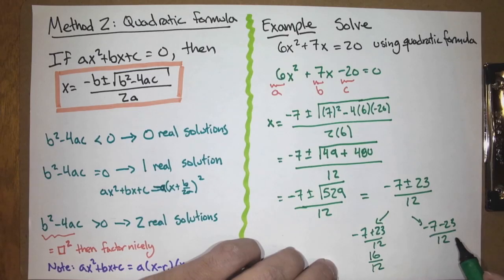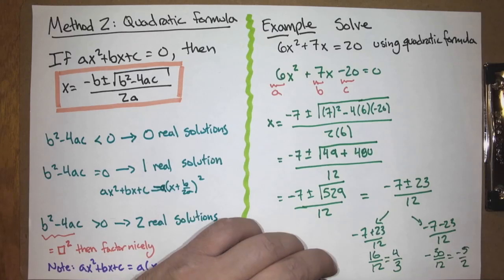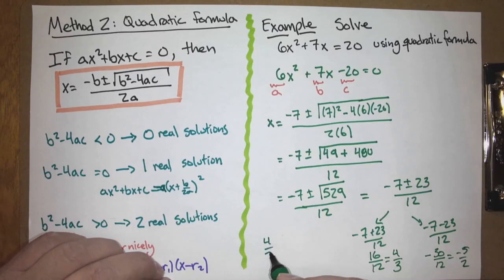Negative 7 minus 23, so it's just a negative. Think about 7 plus 23. 30. 16 over 12, they both have factors of 4, that becomes 4/3. 30 over 12, they both have factors of 6, this becomes negative 5/2. So your solutions are 4/3 and negative 5/2.